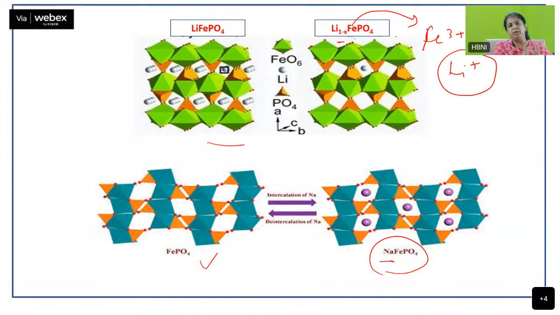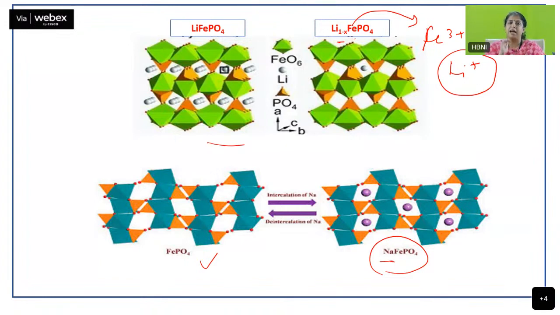We need to know the structure, how the structure gives rise to the property. For example, my ion exchanger, my batteries, my supercapacitor, they need to have a structure from which the ion can readily move in and out without any damage to the structure if I want long cycle life.